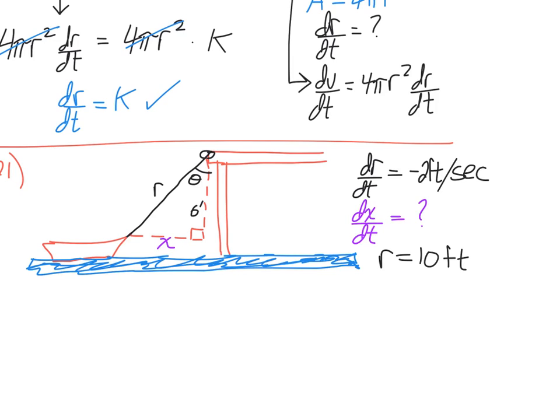Normally I would say x squared plus y squared equals r squared, but in this case I'm going to say x squared plus 6 squared equals r squared, because that height is not going to change. The boat's going to be pulled inward. The rope will decrease as it's coming inward. It's not going to stay at the same angle.